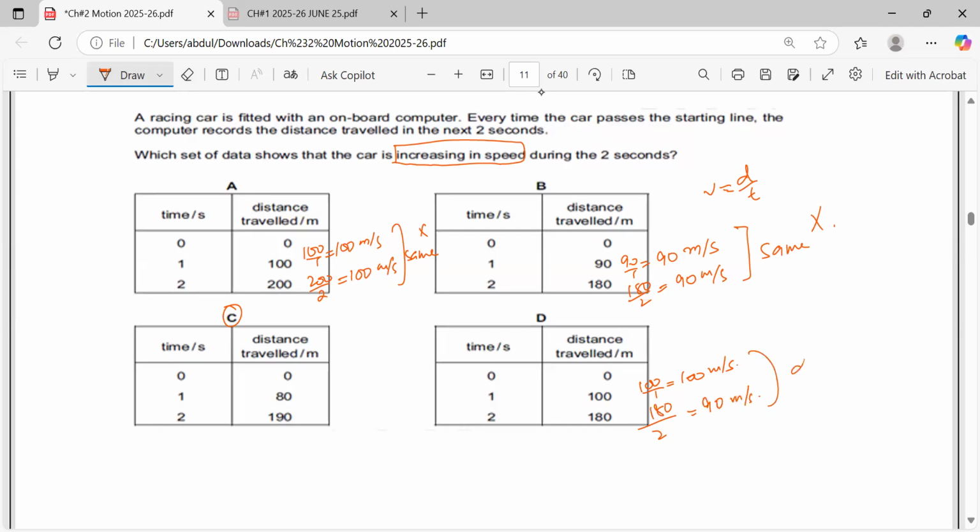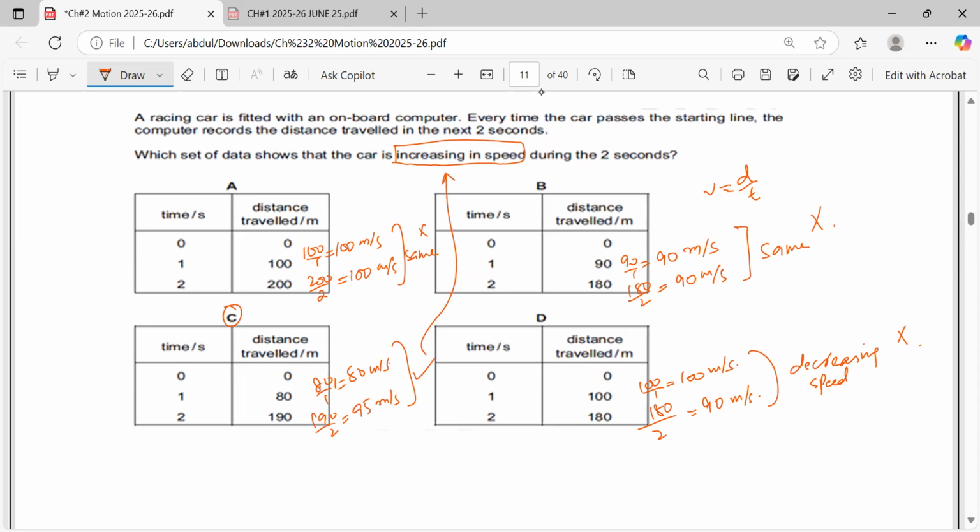So decreasing speed cannot be the answer. Here, the answer is correct. And see, 80 divided by 1, 80 meters per second. 190 divided by 2, 95 meters per second. So this is the correct answer, which is increasing in speed.